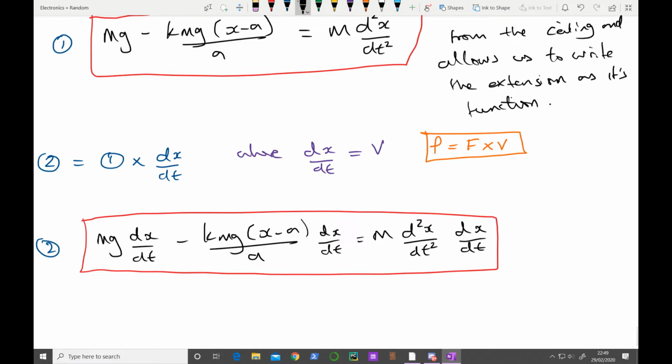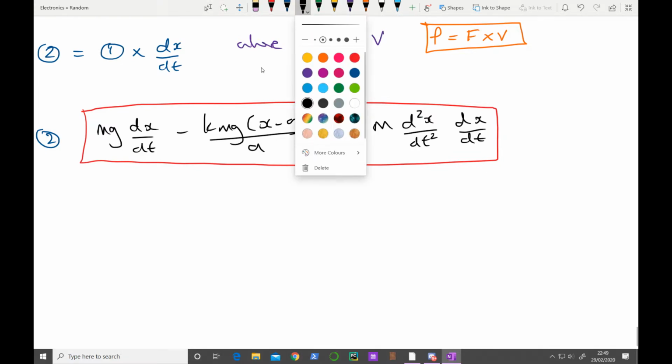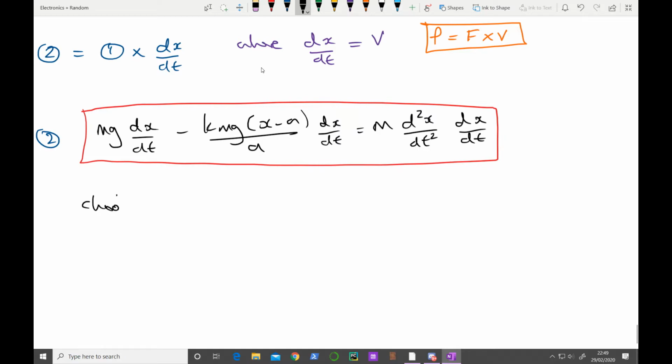So the next thing we're going to do is integrate expression number 2 with respect to time. Now, before we do that, we need to set some conditions because we're obviously going to integrate with respect to time between some interval. We're going to choose to integrate between t equals 0 and t equals some arbitrary value t further on.